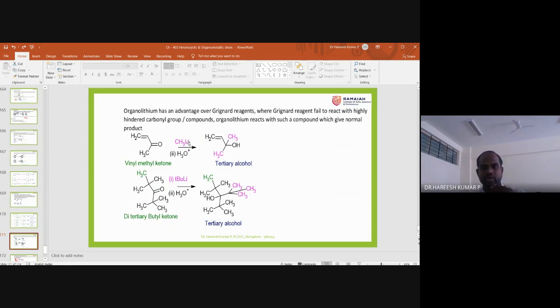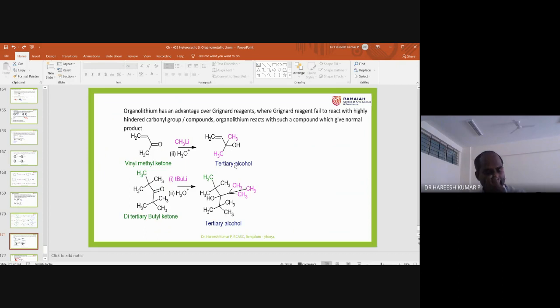This CH3 minus forms a bond with this carbonyl carbon, and the oxygen picks up a lithium, forming a tertiary alcohol. A tertiary alcohol is possible only when two equivalents of methyl lithium react with a ketone.